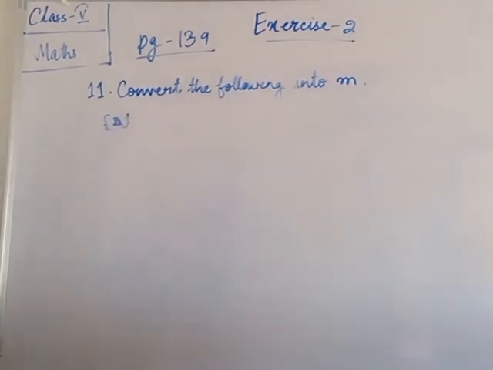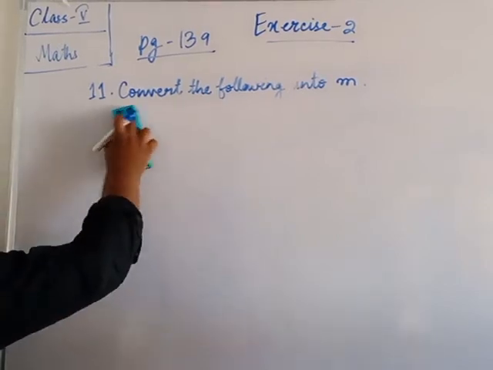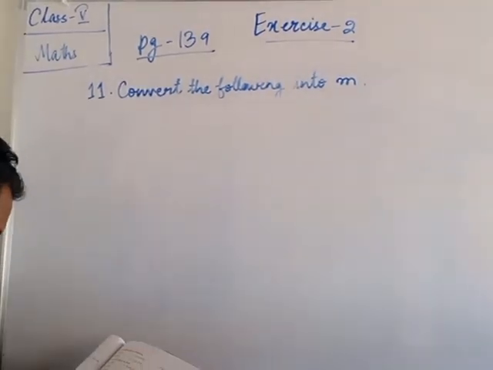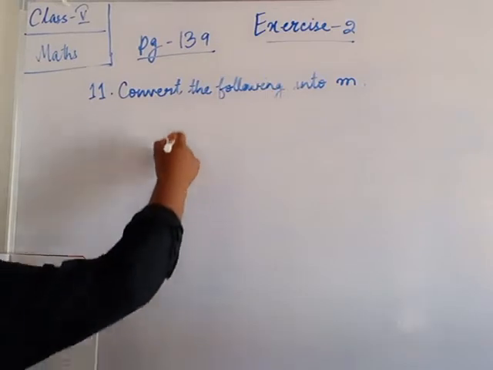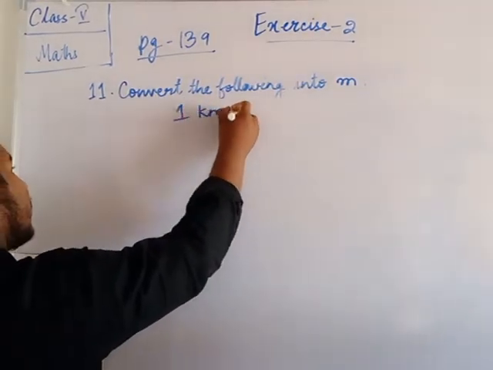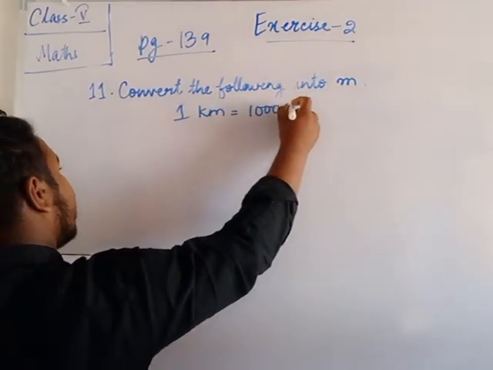So how we will convert into meters? You see here 1 kilometer is equal to 1000 meter.